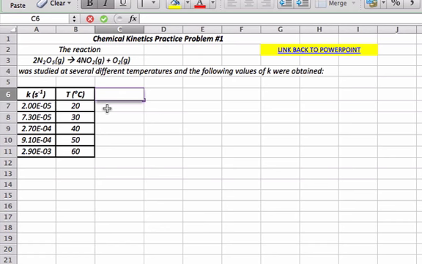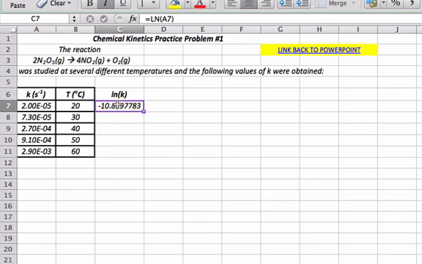So what we're going to do is I'm going to do a few conversions first before I make my graph, because they said I need to plot the natural log of K versus 1 over the temperature in Kelvin. So I'm going to have to convert my rate constant here. I'm going to have to do the natural log of it. So I'm going to do that first. That's going to be equal to natural log of that value.